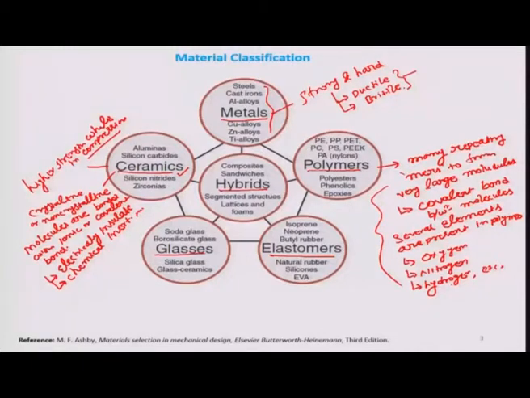Now elastomers. An elastomer is also a polymer, with viscoelasticity. Elastomers are generally very weak; their intermolecular forces are very weak.